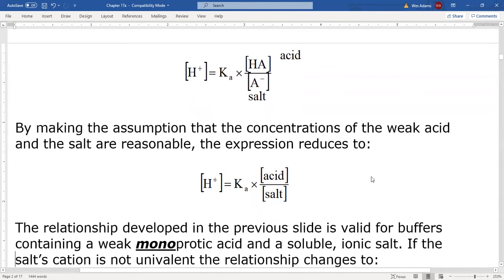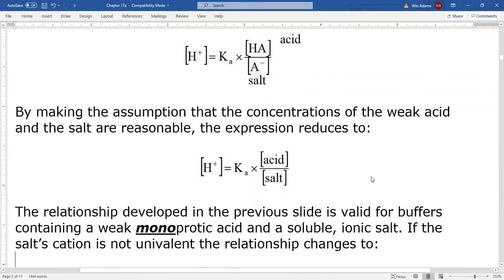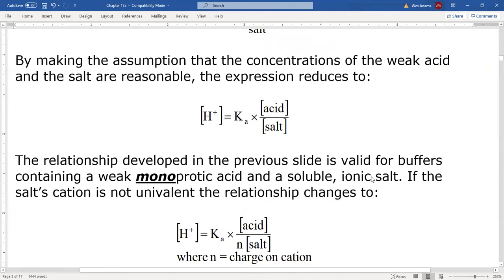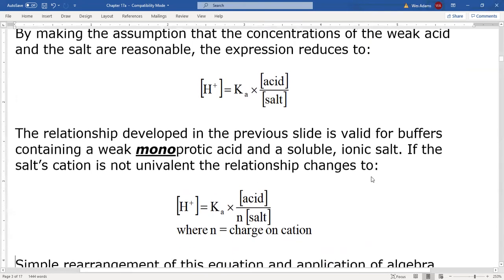We assume this is valid for buffers containing a weak monoprotic acid and a soluble ionic salt. If the salt's ion is not univalent, you could change it and put an n there, but we'll let that go with the acetic acid example we had going because we won't need it.